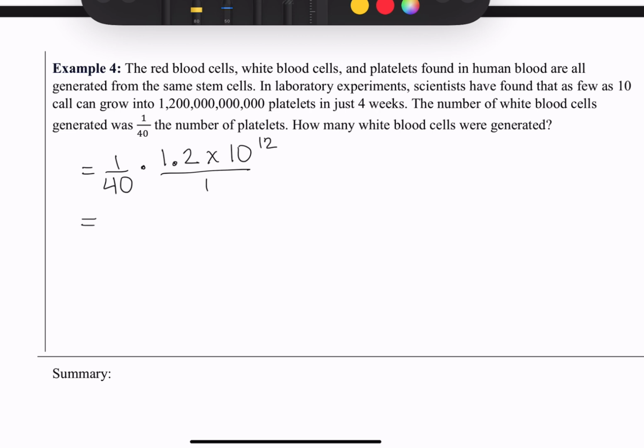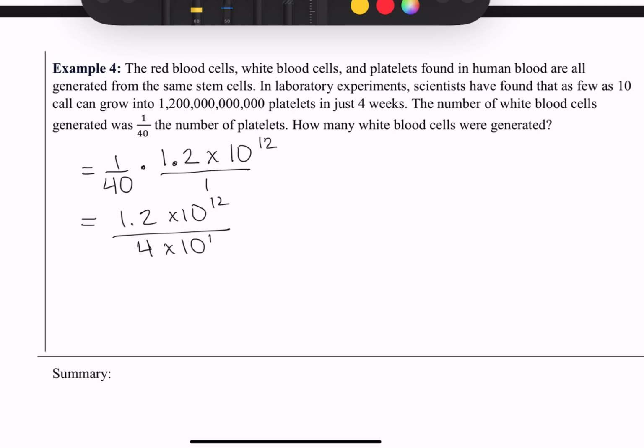Let's do the numerators multiplied together first, which is going to give me 1.2 times 10 to the 12th. And in the denominator, 40 times 1 is just 40, but let me write 40 in scientific notation. That would just be 4.0 times 10 to the first.